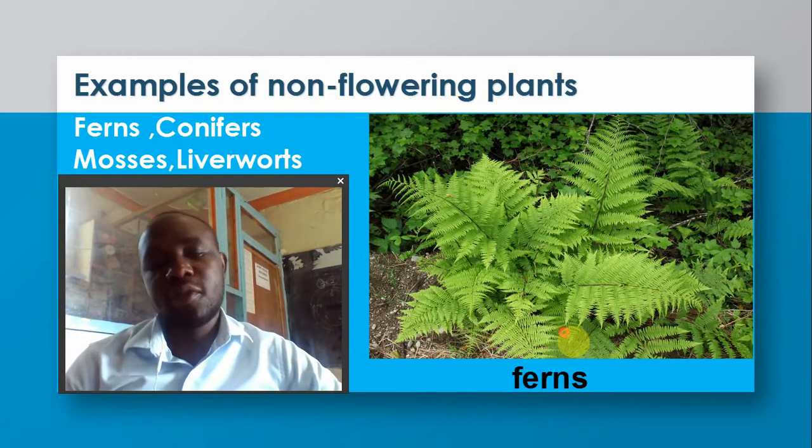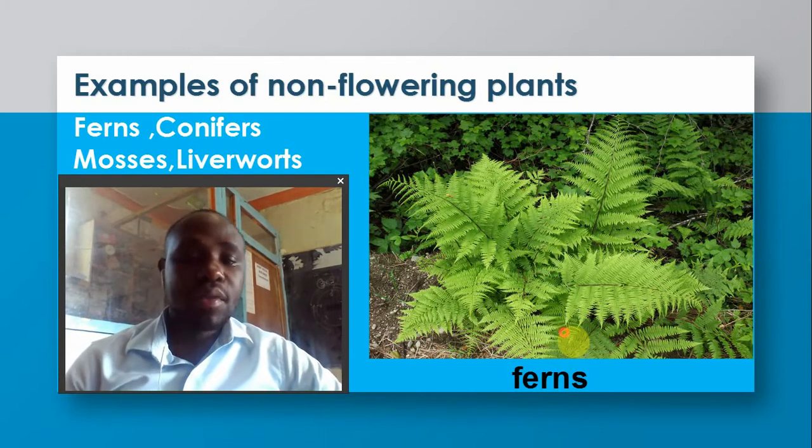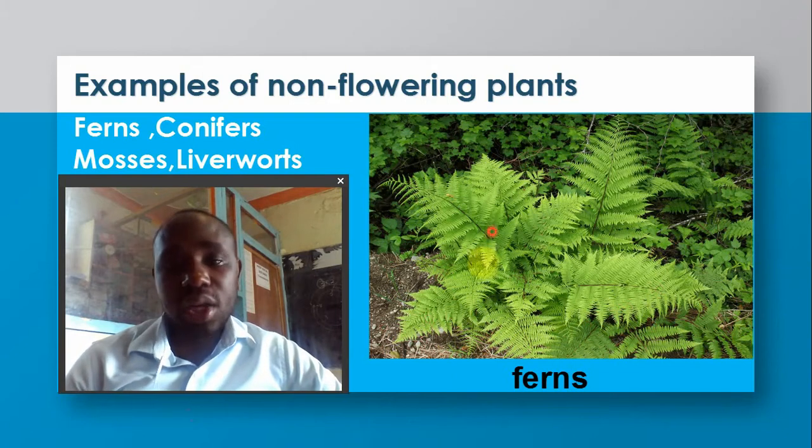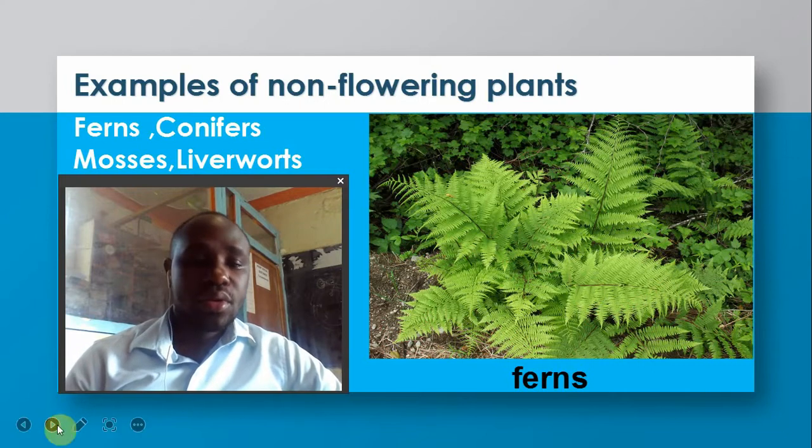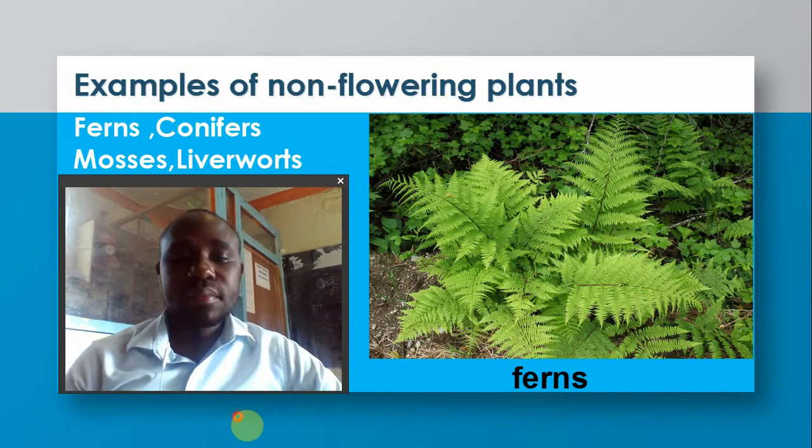The spores are for reproduction, because all living things do what? Reproduce. But it will not bear any flower. That's why they are called non-flowering plants. But they are also green in color, which means they have chlorophyll and they do make their own food. Let's go.